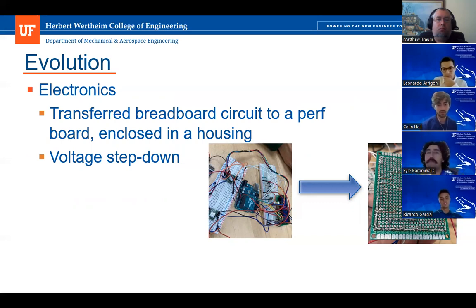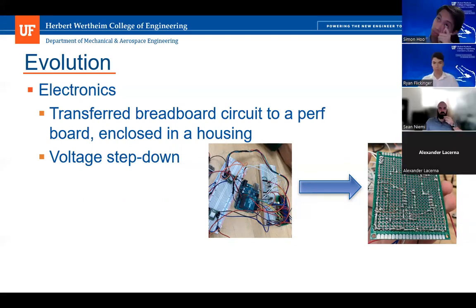But once the design was solidified after numerous testing events, we moved to the perf board. Perf boards are advantageous due to their semi-permanent nature. Wires and components will stay in much sturdier with solder.